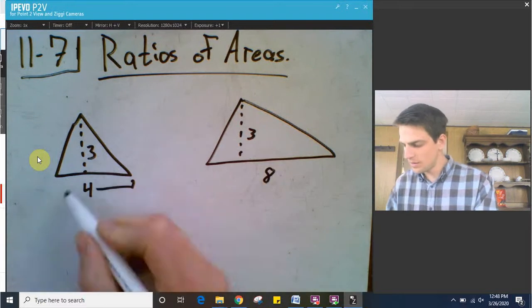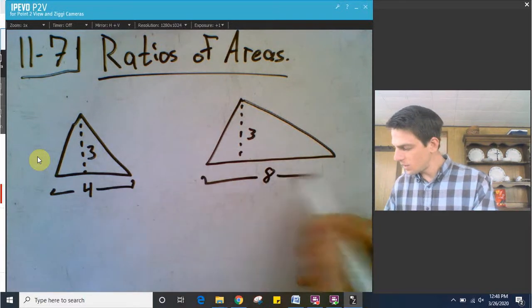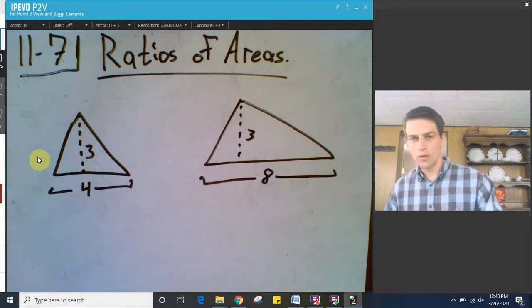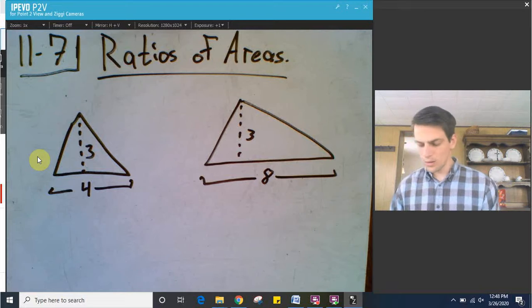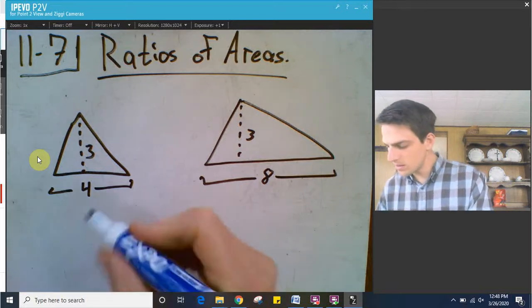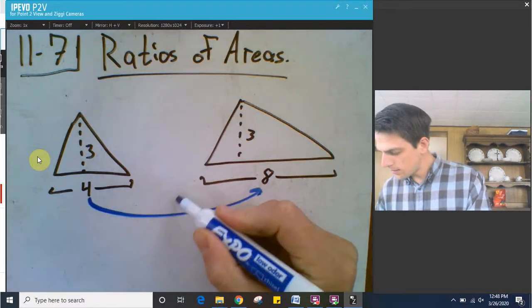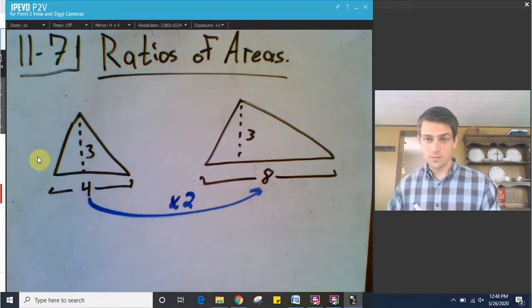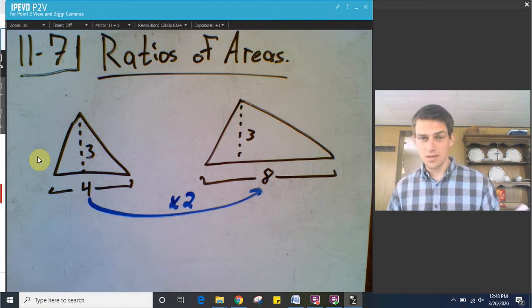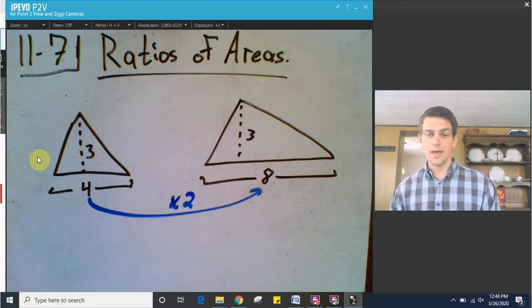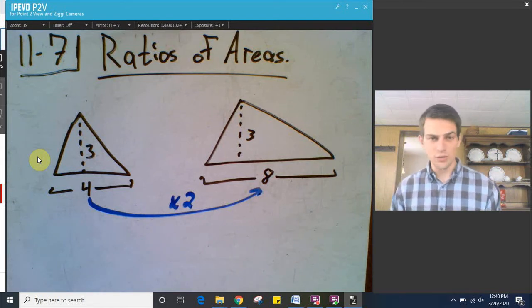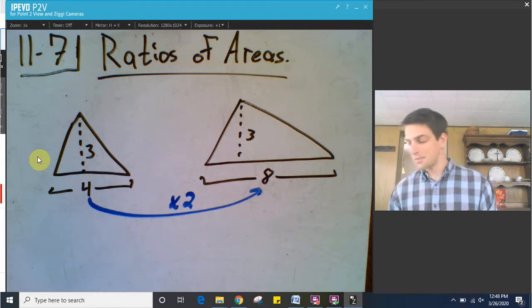And note that's the entire base length. I want you to tell me what the ratio of these areas are going to be. Note the only thing that I am doing is I am doubling the base. So the height stays the same, I'm just doubling the base, and we're going to see what that does. So pause the video if you need to and solve this, and I'll go ahead and show you the answer here.